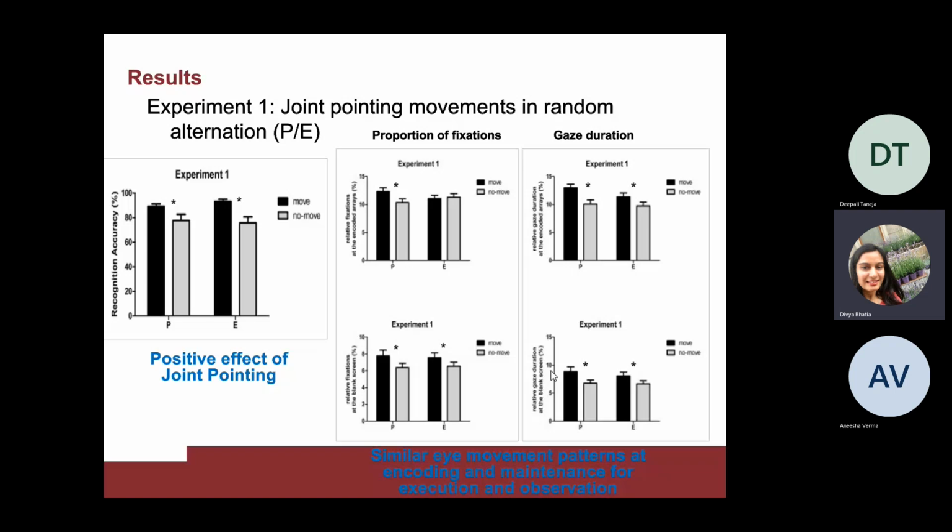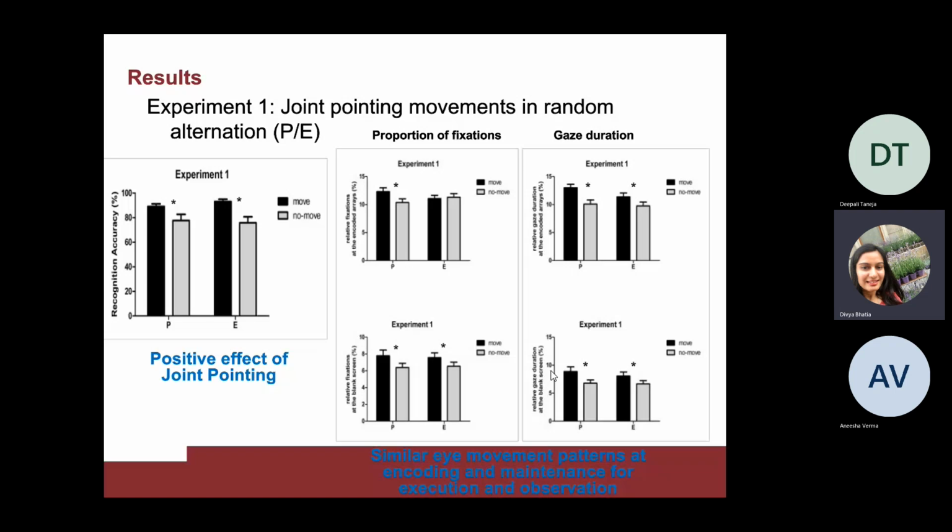So for move arrays, there were higher fixations in both conditions, P and E. So when I am moving, I make higher fixations and longer fixations towards the move arrays as compared to the no move arrays. But interestingly, when my partner is moving and I'm instructed to observe this pointing movement performed by my task partner, I still have the same eye movement patterns. So this suggests that something is going on, but what exactly, we don't know.